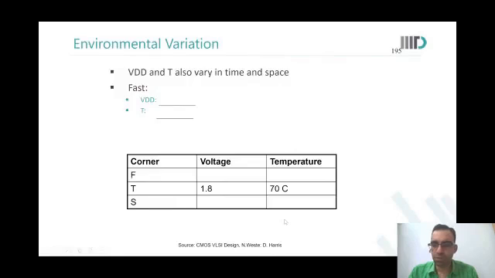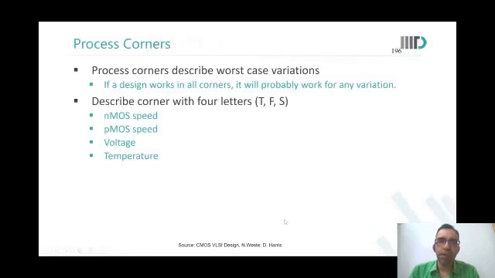So now tell me, if you have to verify, then what will be the PVTs at which you will design and verify your circuits? PVT means process, temperature and voltage.